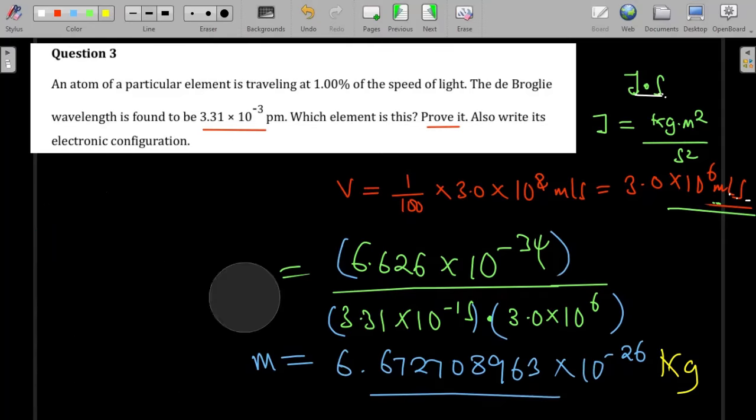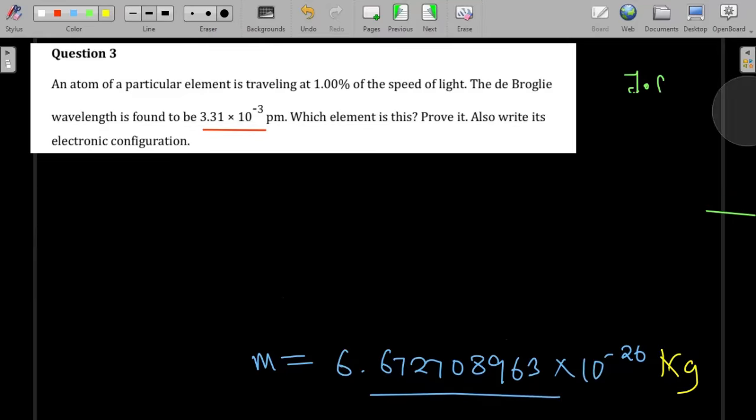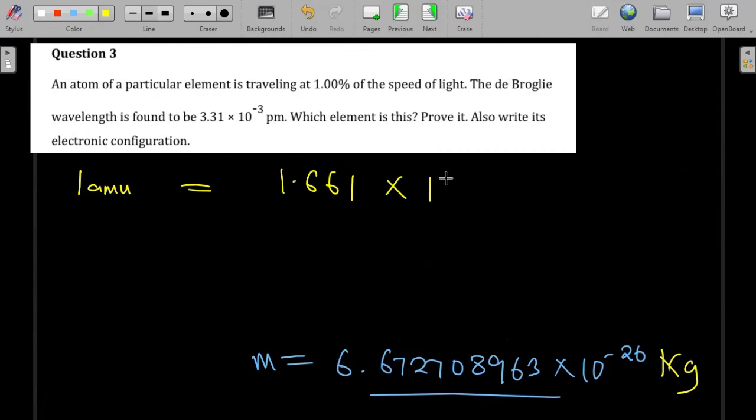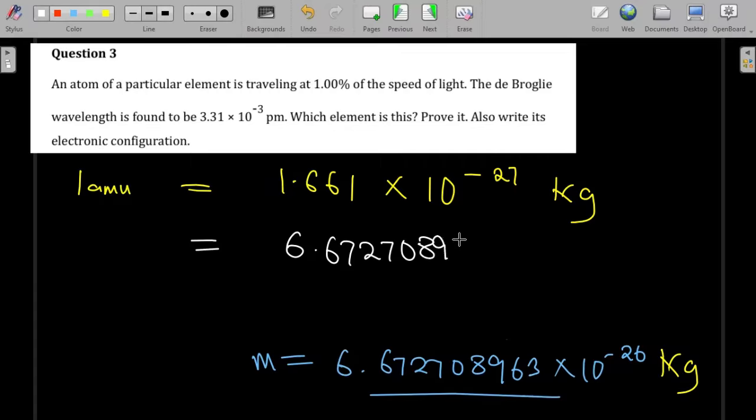Now that we have the mass, which is in kgs, it's going to help us find the atomic mass. Remember, in topic 1 we said one atomic mass unit is the same as 1.661 times 10 to the power minus 27 kgs. We're going to use this relationship to find the atomic mass unit. So this will be 6.67270893 times 10 to the power minus 26 kg, and then x.